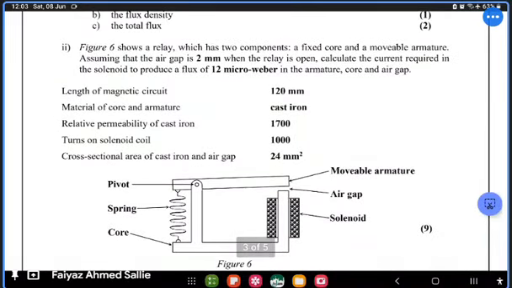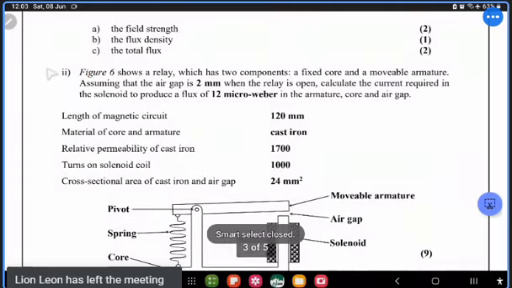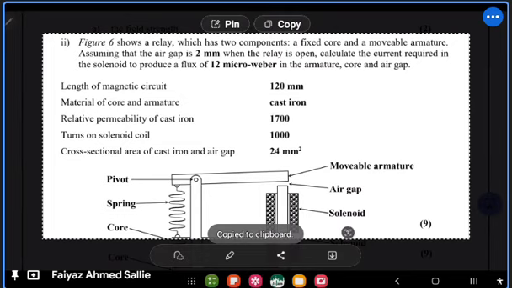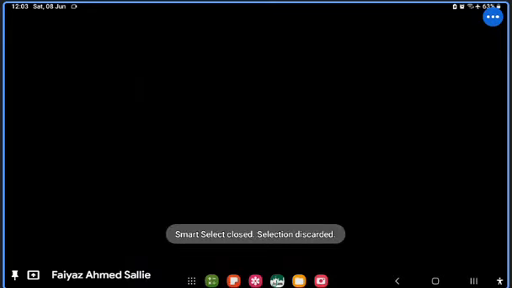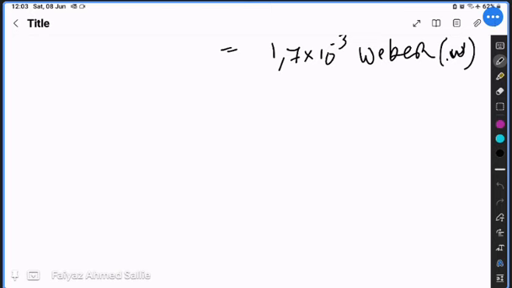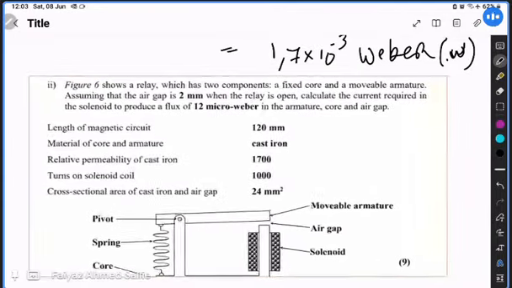Let me just screenshot this question. Okay, so this is the next question.